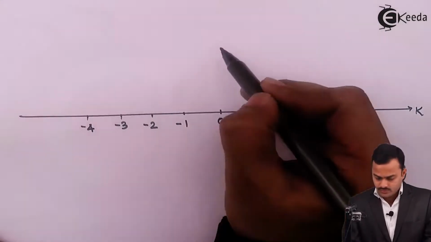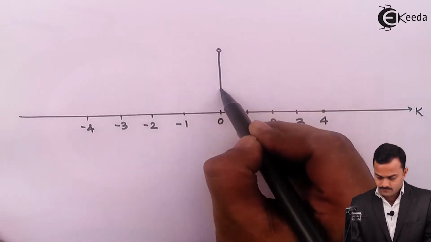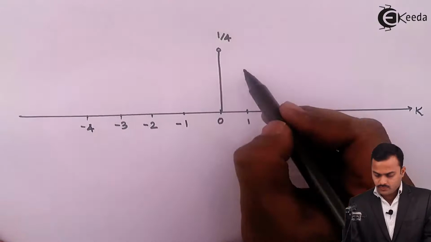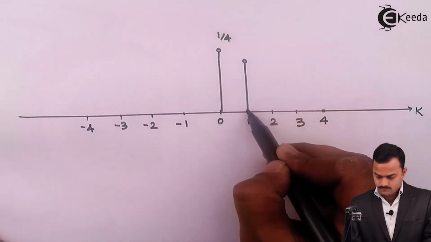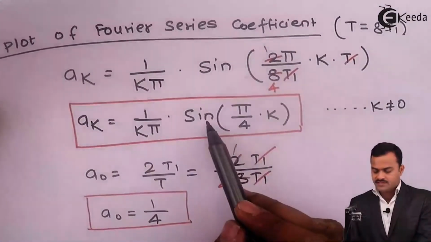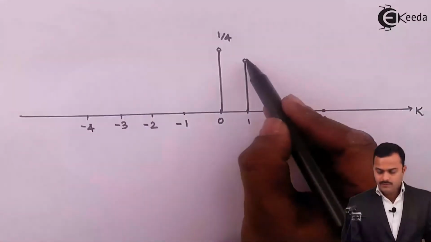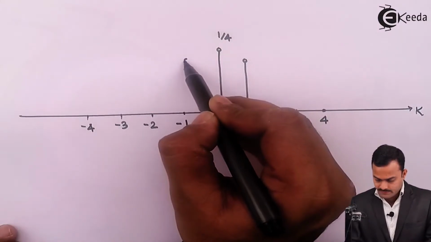So for k equal to 0, the value is 1 by 4. For k equal to 1, it will have some value which is sine pi by 4 upon pi, so it will be less than 1 by 4. For k equal to minus 1 also you will get the same value.